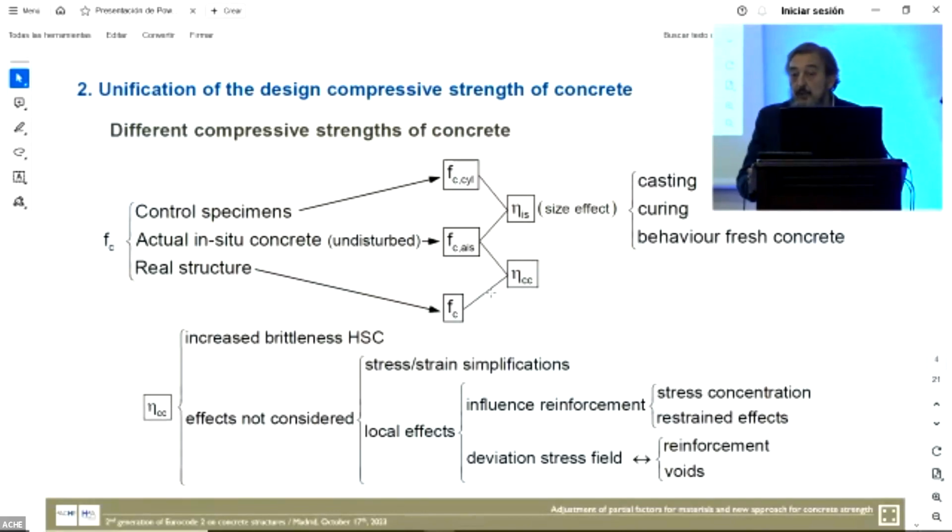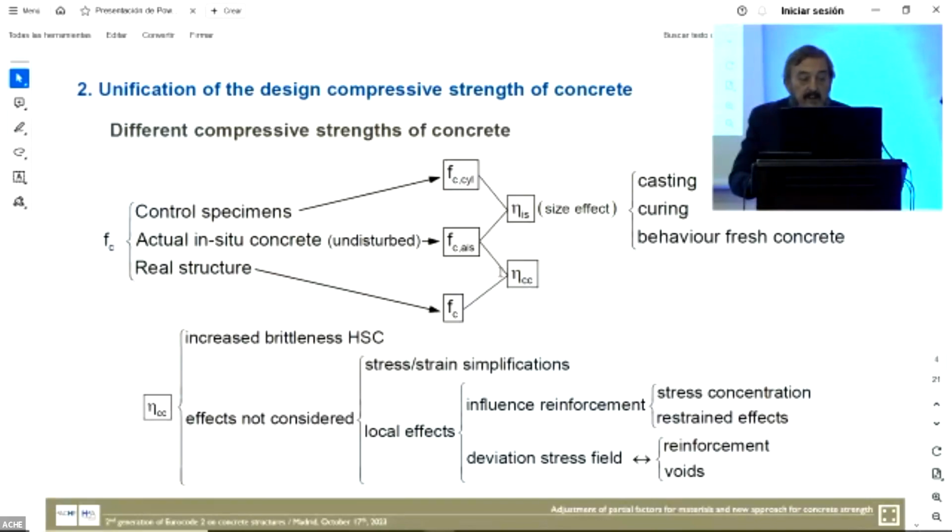Some effects not considered, like the strain simplifications, plane sections remain plane, for example the Navier hypothesis, local effects, the influence of the reinforcement generating stress concentrations, restraint effect, and the deviation of the stress field generating tension stresses due to the reinforcement and the bodies.